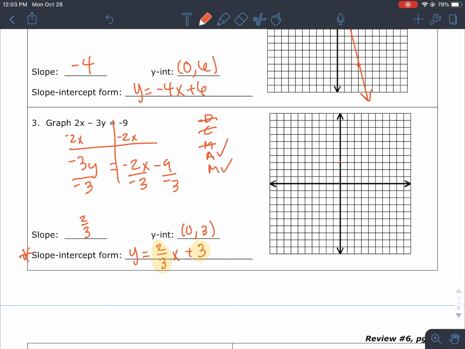So I'm going to plot that point of 0, 3, and then I'm going to use my slope of 2/3 to graph. So I'm going to rise 2 and run 3. To go backwards, I'm going to go down 2, back 3. And there's my line.